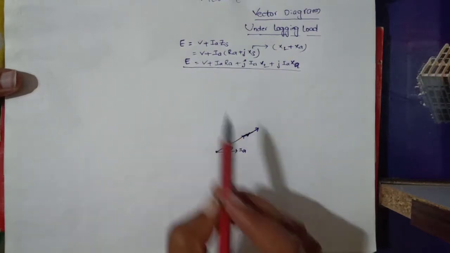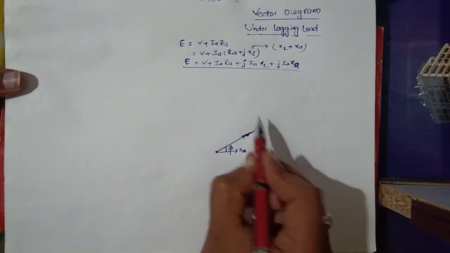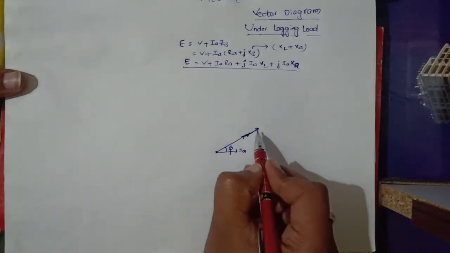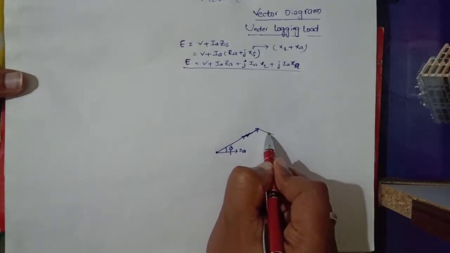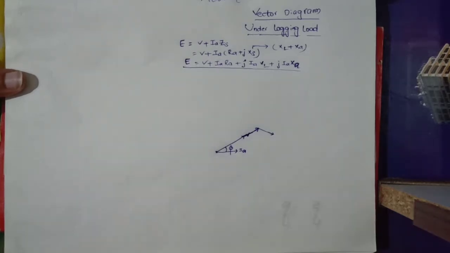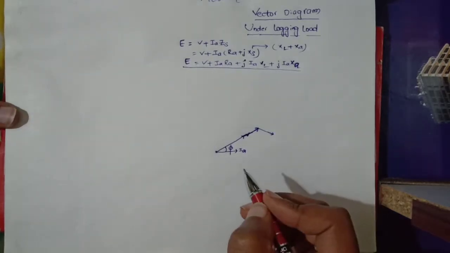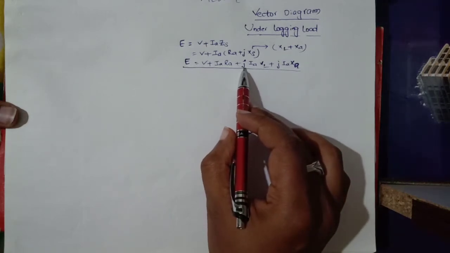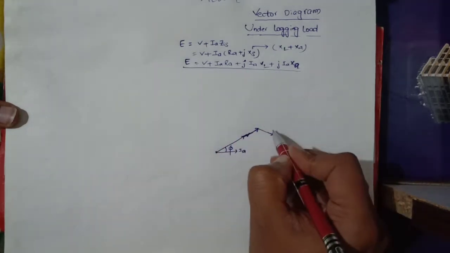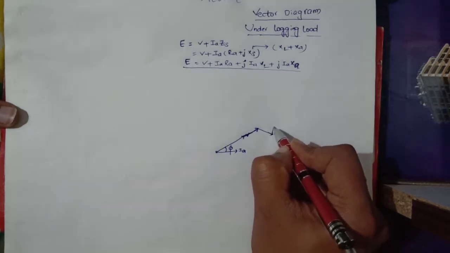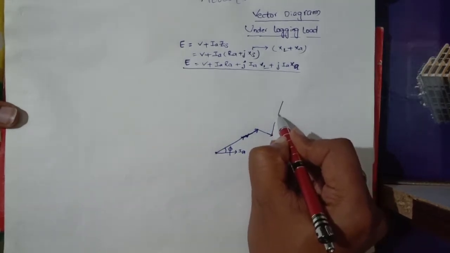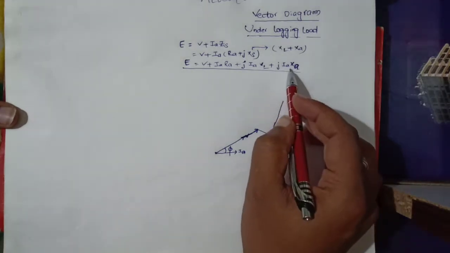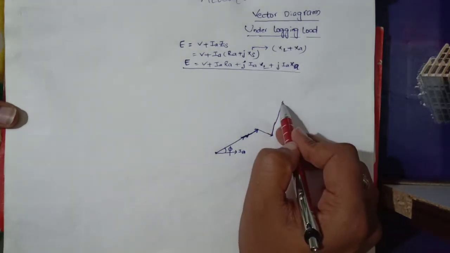Done with V. Now definitely this IARA will be in phase with IA. This is exactly 90 degrees with this, so this is our IAXL, and similarly this will be in phase with this IAXL.